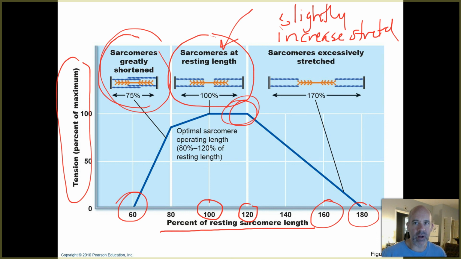That's not going to work too well either, because some of your actin and myosin filaments won't even be overlapping at all. If you stretch out the sarcomeres and the muscle fiber far enough, they may not be able to cross bridge. Some of them still will be able to, but some of them may be so stretched apart that they can't even make cross bridges with each other. And so that winds up affecting the strength of your muscle contraction as well.